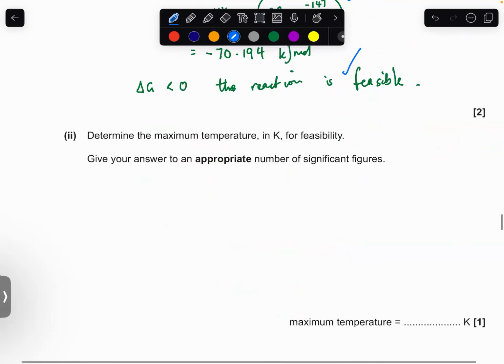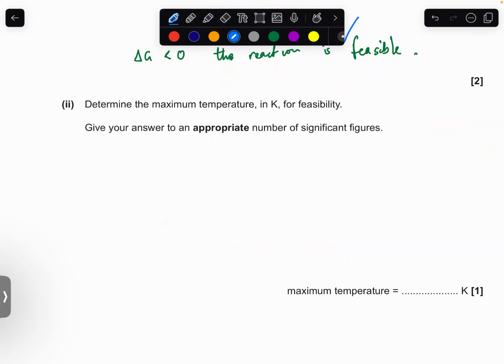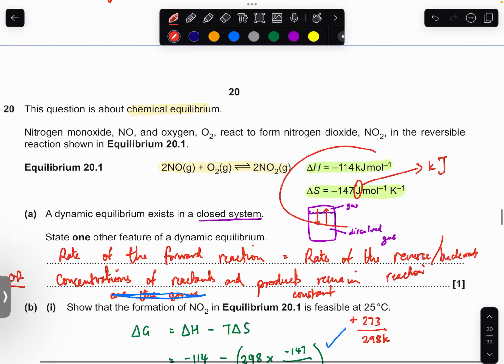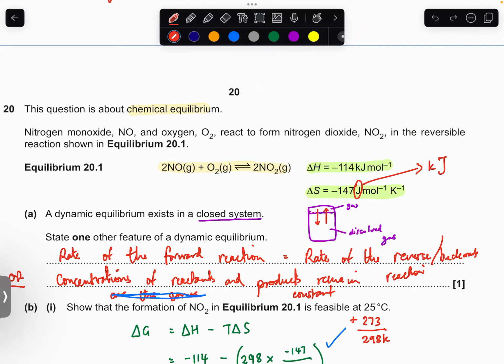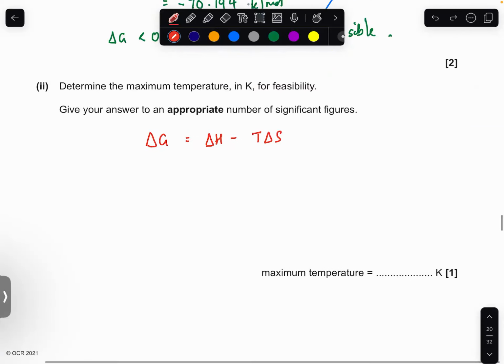Next question. Determine the maximum temperature in Kelvin for feasibility. Sometimes you see questions where they say, determine the minimum temperature. Why is maximum temperature mentioned here? Let's look at the expression. Delta G is equal to delta H minus T delta S. Looking at these two values they've given us, both of them are negative. So let's plug these in.